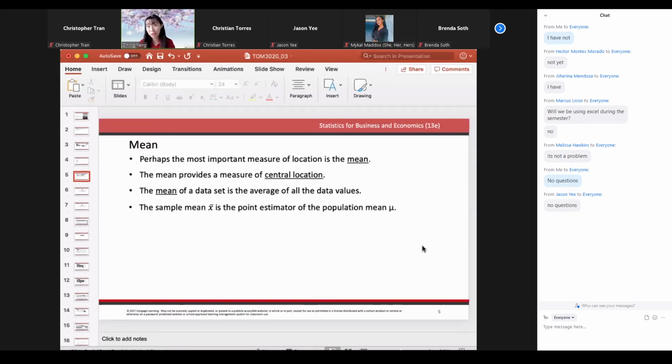Why do we need to know the difference? When you write reports for professionals, or you read reports from other professionals, there's a chance that they use the word the mean instead of using the word average. So you just want to be able to understand. So pretty simple and straightforward concept.